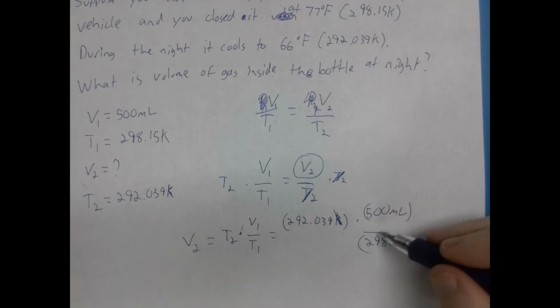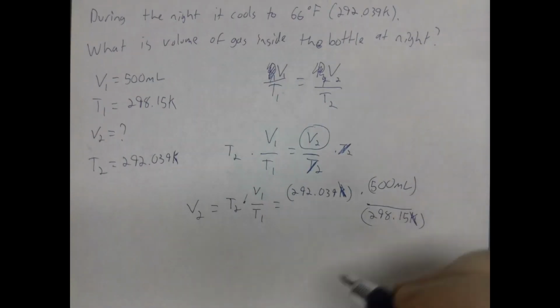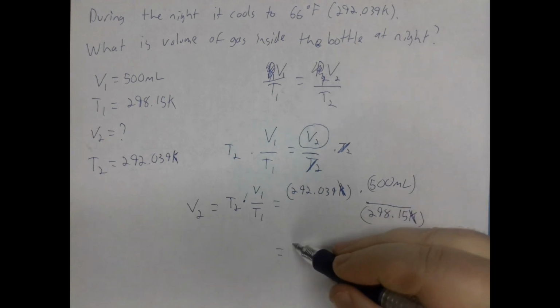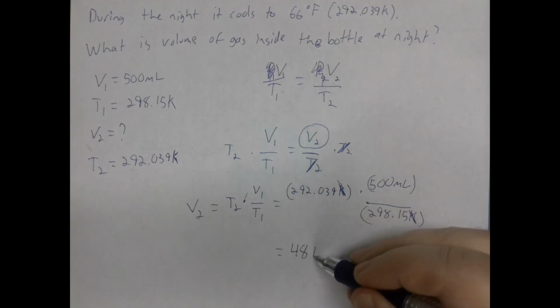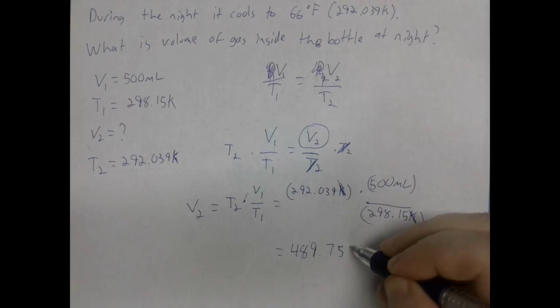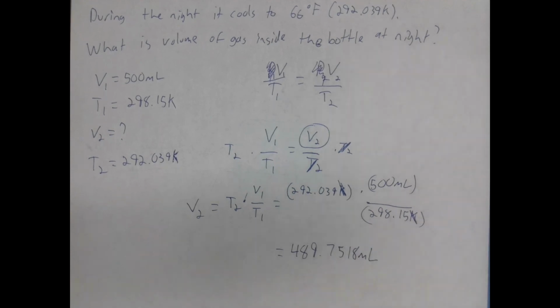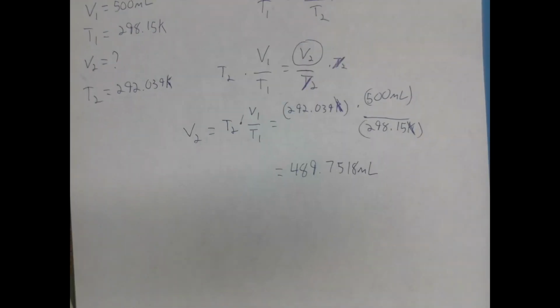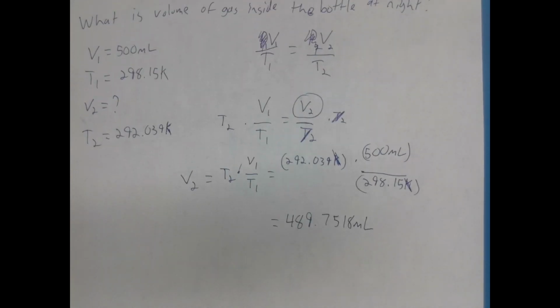Kelvins cancel out. We're left with milliliters. So plugging that into the calculator, we get 489.7518.